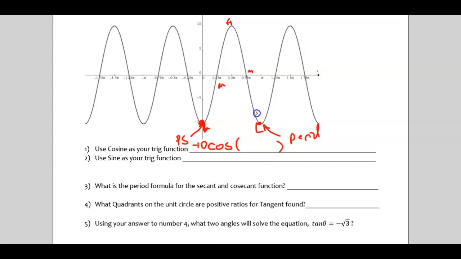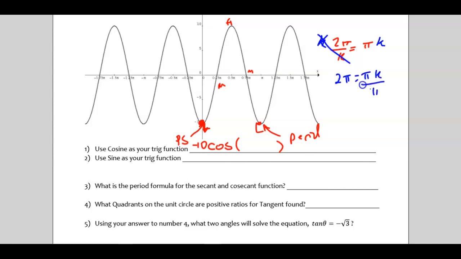Now we've got to address the k value. This is the period for cosine. Remember, it's 2 pi over k. We don't know what k is, but we know the period is pi. So if I solve this for k, I multiply by k on both sides. That cancels, so 2 pi equals pi k.